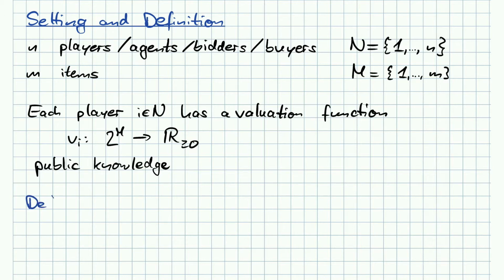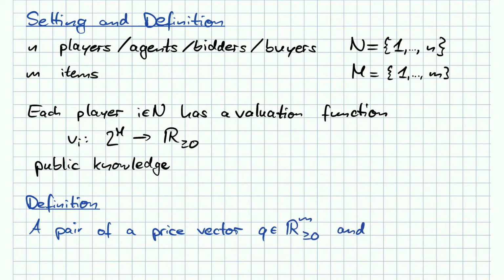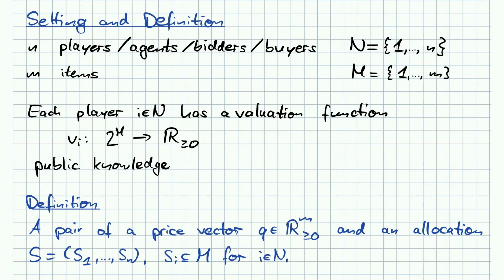How is this defined? A pair of a price vector q and an allocation S, which is a vector S1 through Sn, each Si being a subset of M, and sets that are pairwise disjoint.